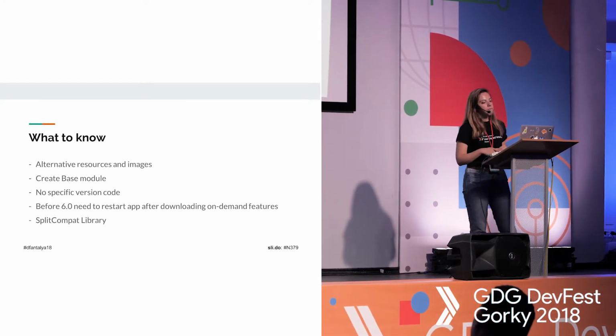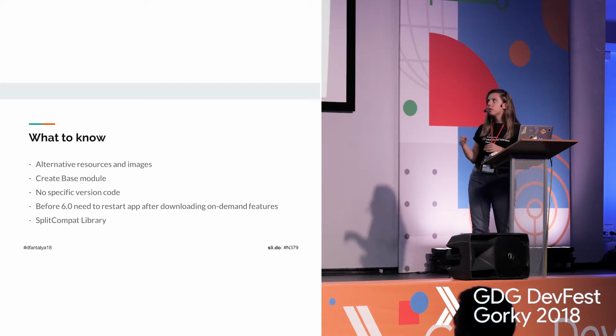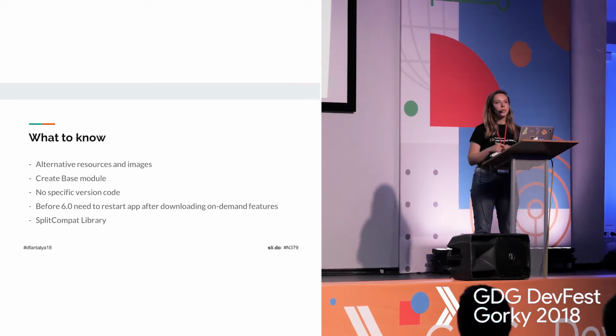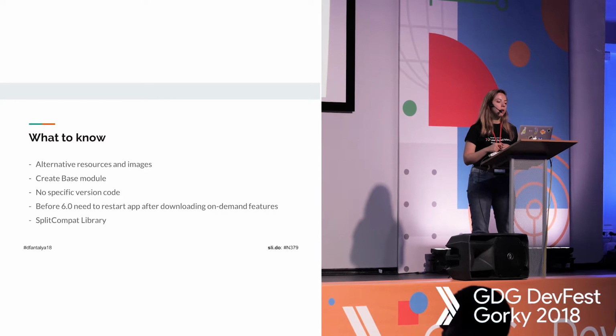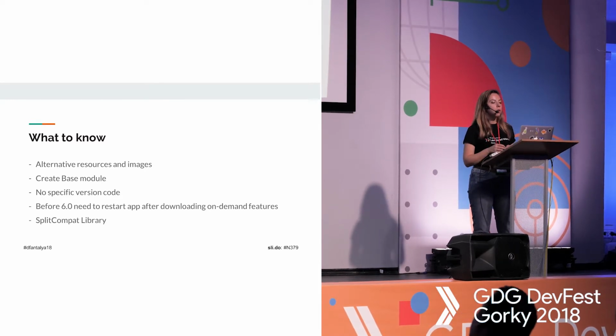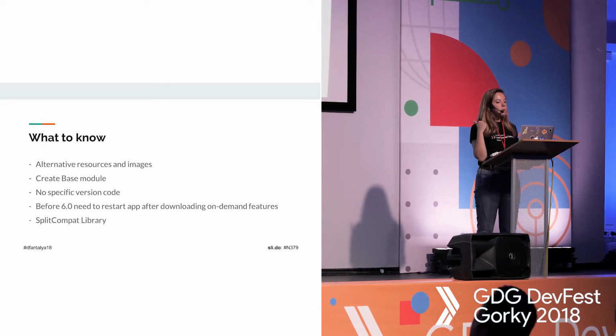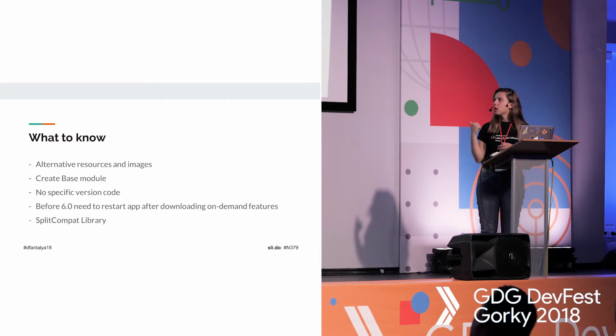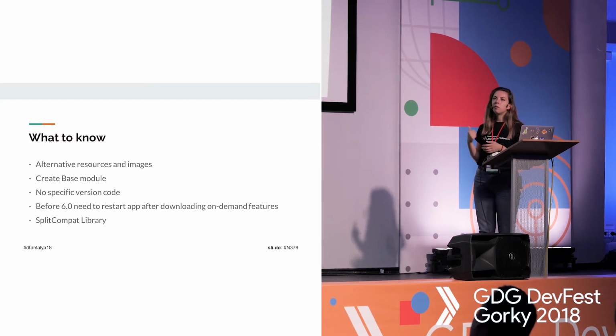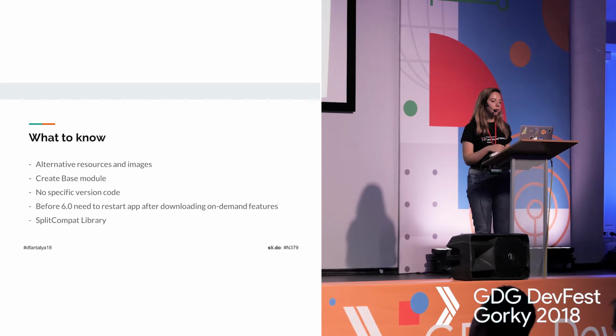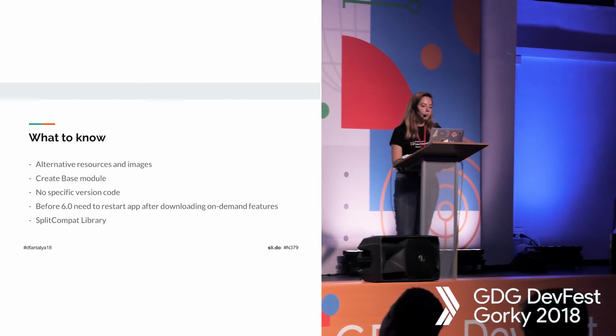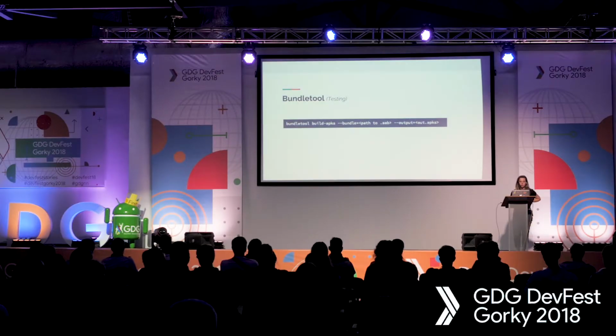And before Android 6, we said the application needs to be restarted while downloading on-demand features. And the split compat library gives the opportunity for these features actually.